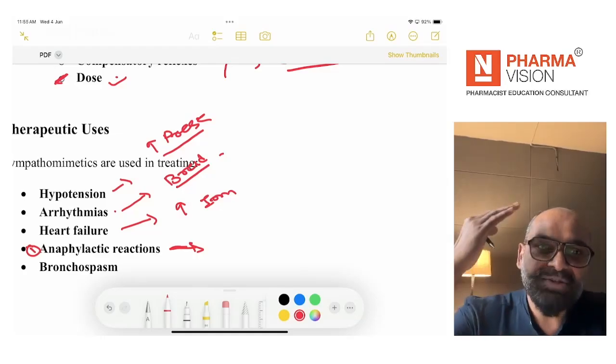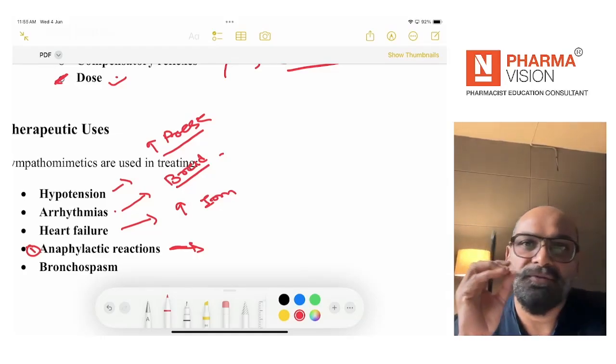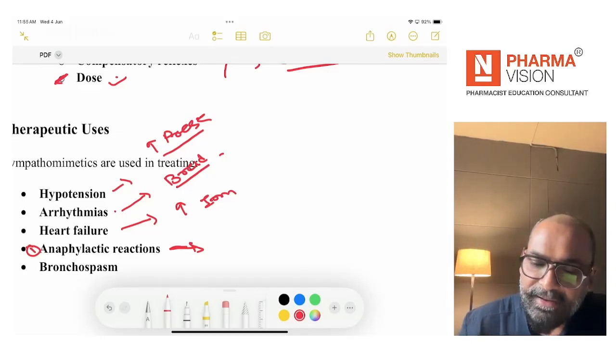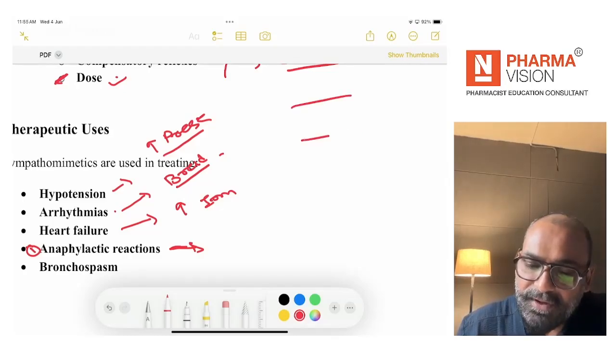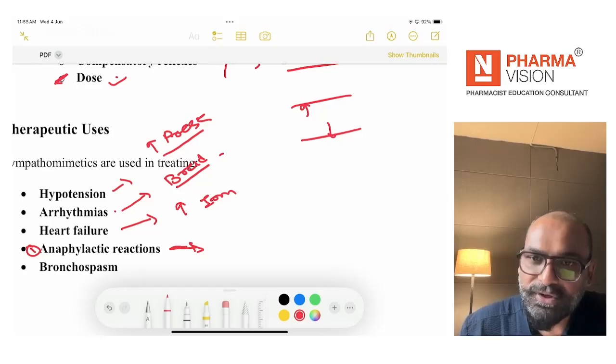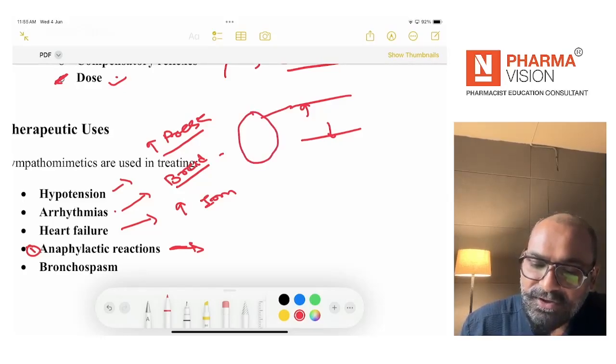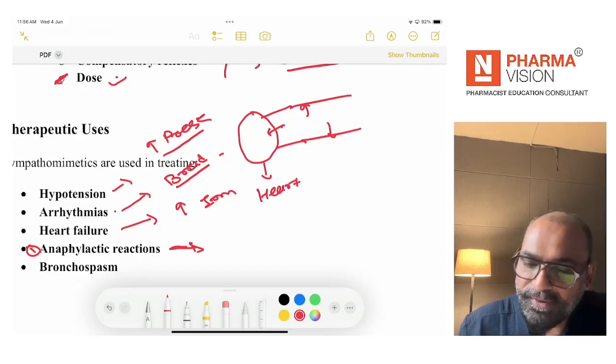But when there is a widespread histamine release in the entire body, that can cause severe vasodilation. This severe vasodilation collapses the cardiovascular system. That means the heart is not getting enough pressure, so the cardiac function deteriorates.